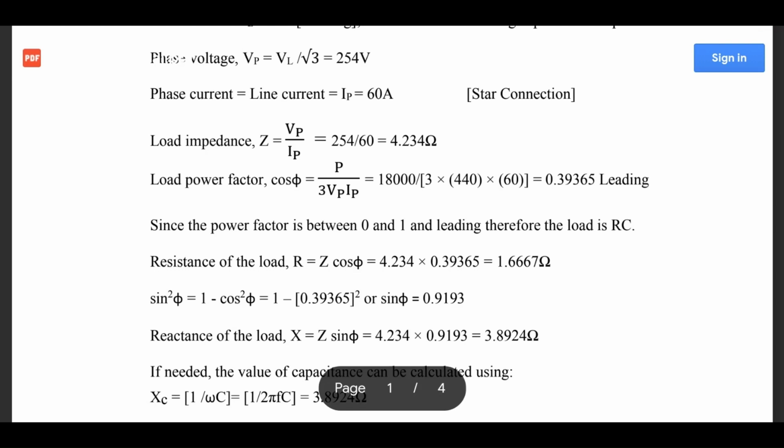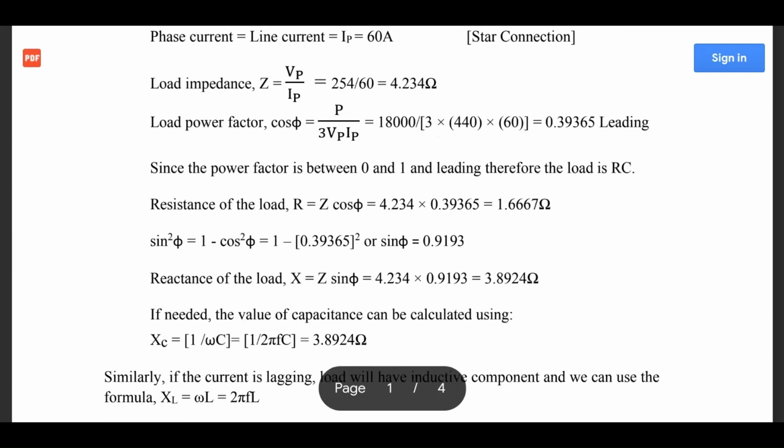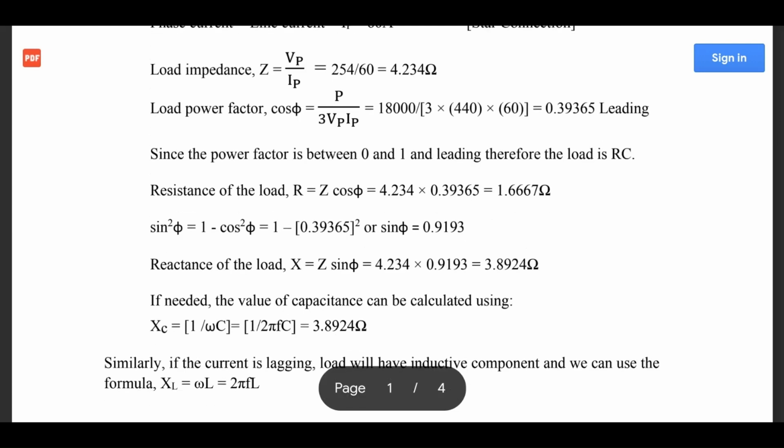So Vp and Ip are substituted to get the cos phi, and since it is given in the numerical that the current is leading, the power factor is also leading. And since the power factor is between 0 and 1, it leads to the conclusion that the load is not a pure capacitive load, but it is an RC load.